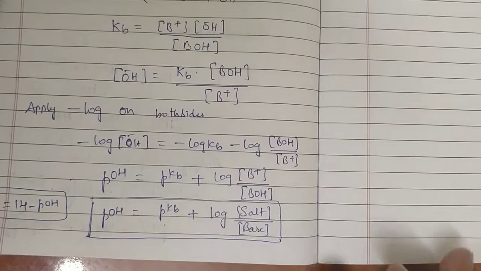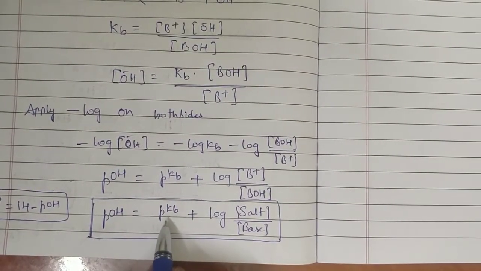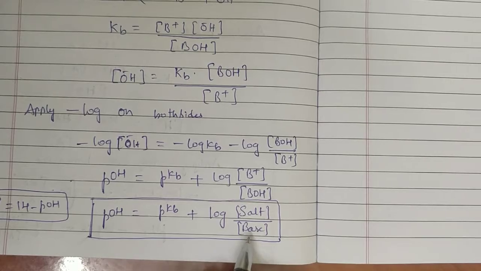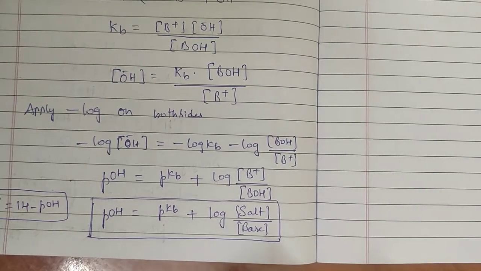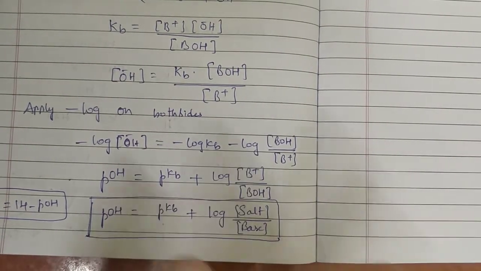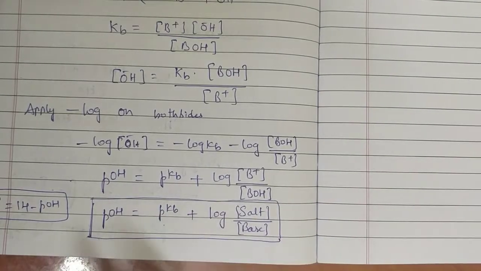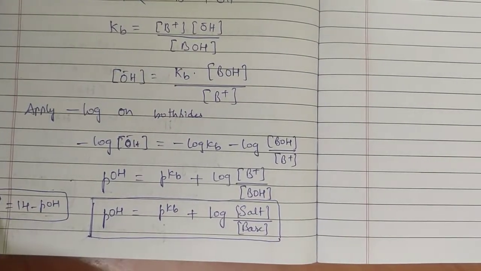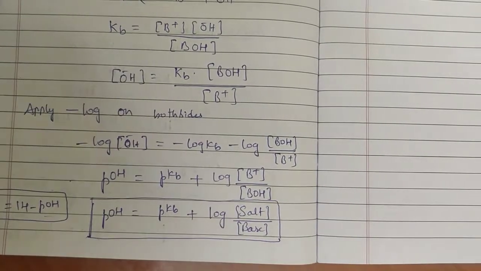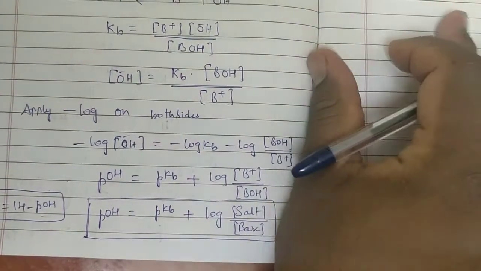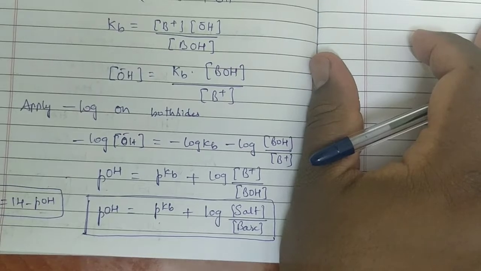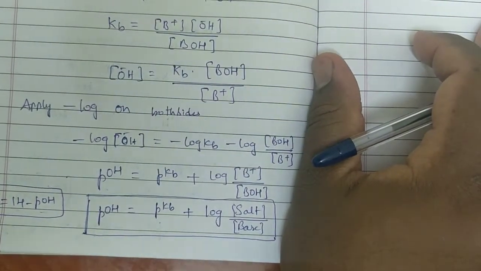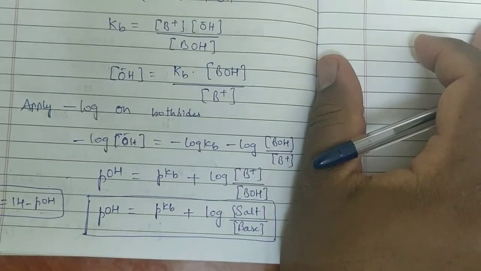If it is a basic buffer, POH is equal to pKb plus log concentration of salt by base. Easy to remember. For a basic buffer, if they ask pH, you can substitute this formula and find that value. pH is equal to 14 minus POH. Is it okay? This is the information about acidic buffer and basic buffer.